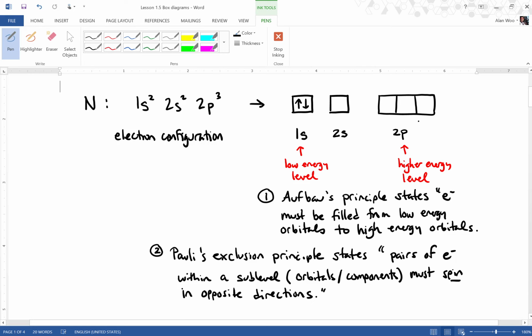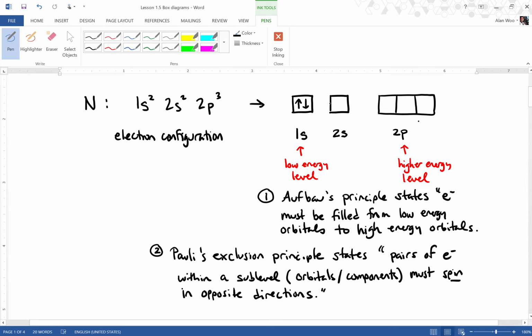That means electrons, when they come close together, they don't attract. Because they have the same charge, same charges repel each other. So to show that electrons are repelling each other within a sublevel or component of an orbital, we draw the arrows in opposite directions.